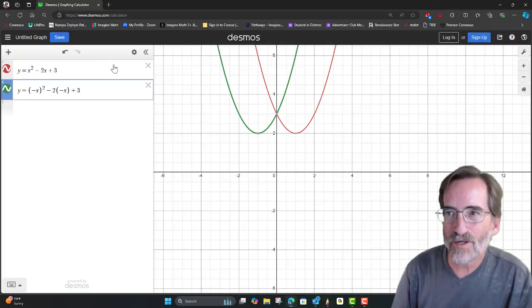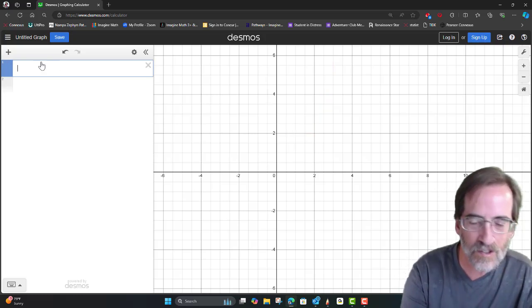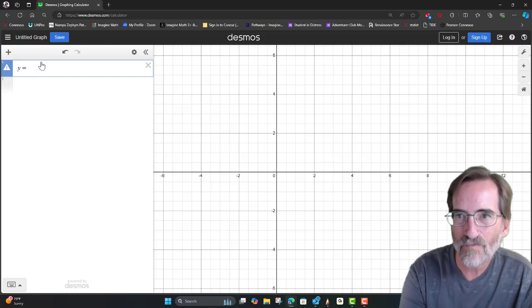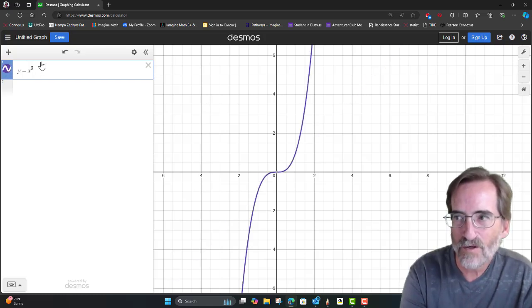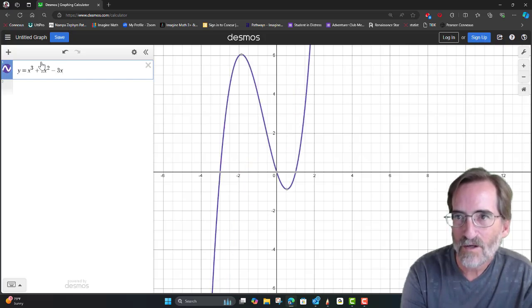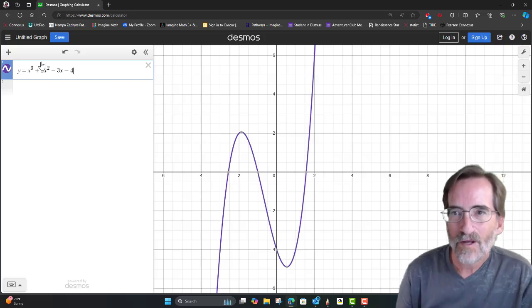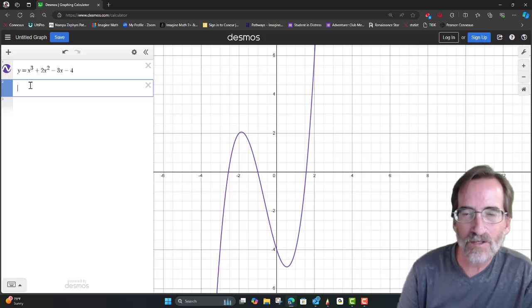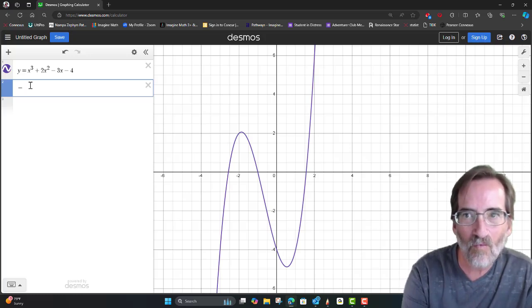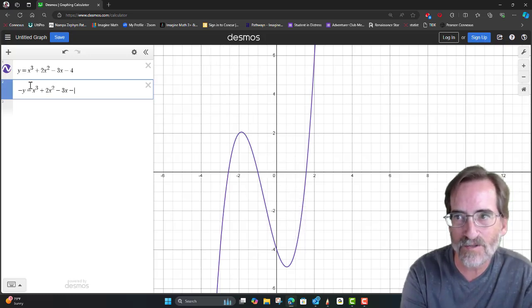So let's do another example here, x-axis and y-axis reflection, on a cubic. Let's do y = x cubed plus 2x squared minus 3x minus 4. There we go. Okay. So for an x-axis reflection, I can think of negative y = x cubed plus 2x squared minus 3x minus 4.